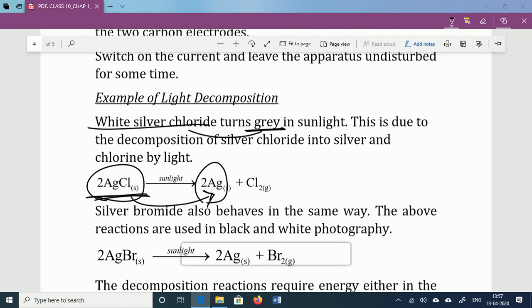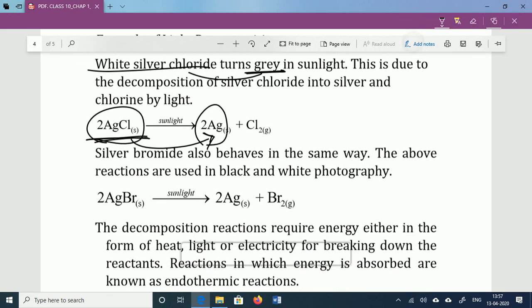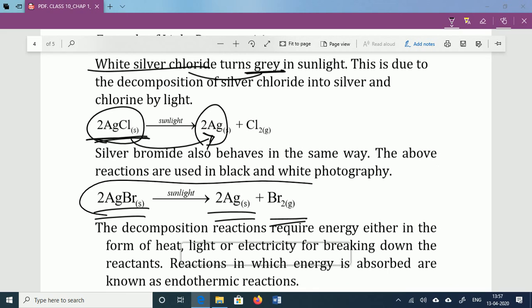The same example is AgBr. AgBr is converted into Ag and Br2. Here AgBr breaks down into Ag and bromine gas. This concept was used in the past for black and white photography.